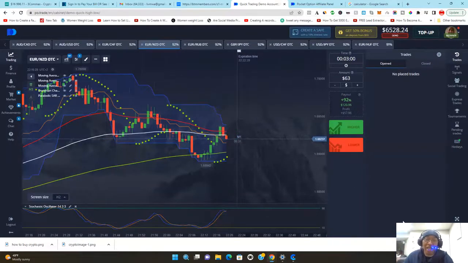So my student has learned the strategy, and she's going to practice this on the demo. I tell you to take at least 100 trades. If you start winning about 80% of your trades, then you can start doubling in the real account. Okay, so next week we are going to have a training where I'll show you my student making money in the real account.